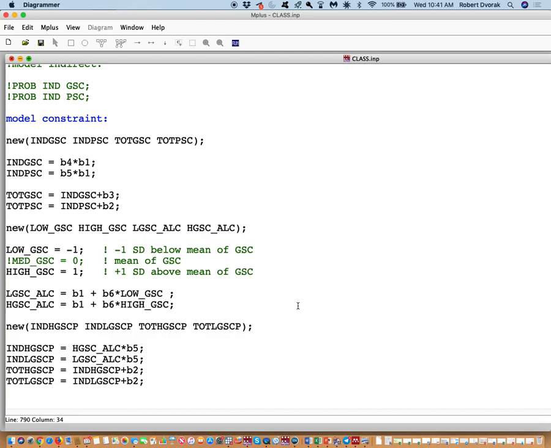Yours is also a typo. I don't know where you put it. All of these parameters have to exactly match these parameters. Okay, let's run that again.